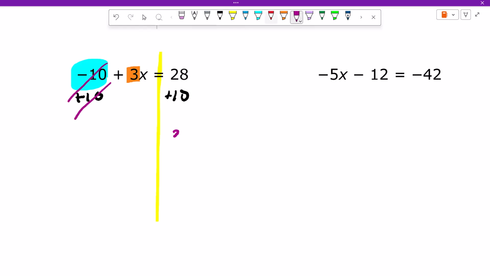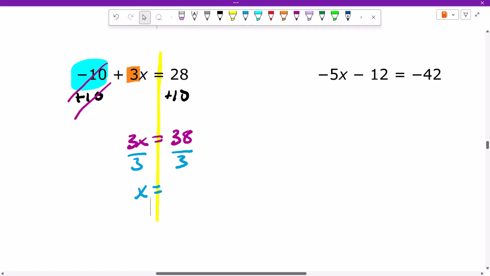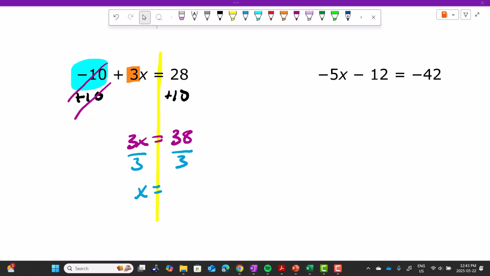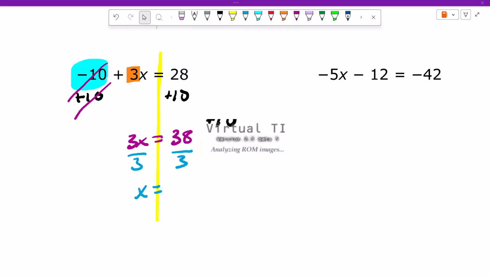And we have 38 over on this side. And you have 3x on this side. And you go, get rid of the 3 by dividing it. You go 38 divided by 3. I grab my calculator. I know it's not 6.